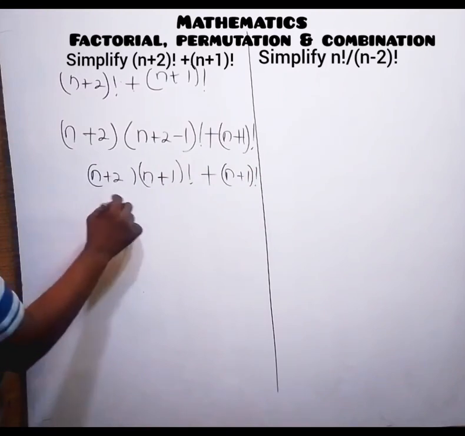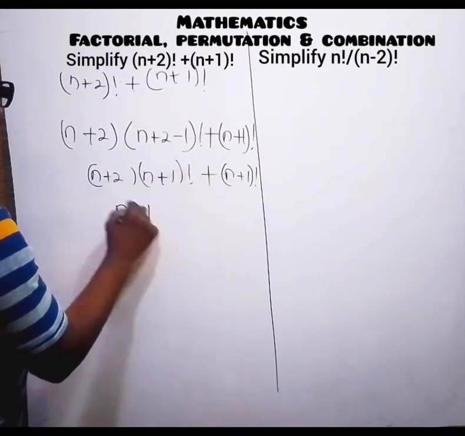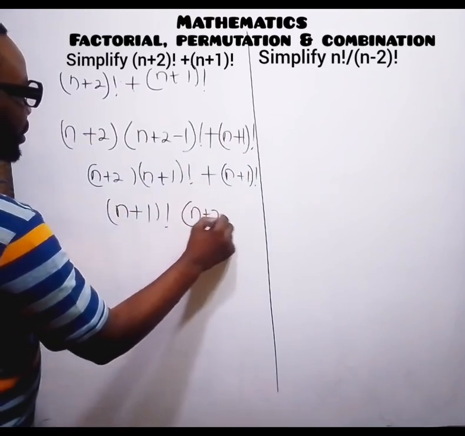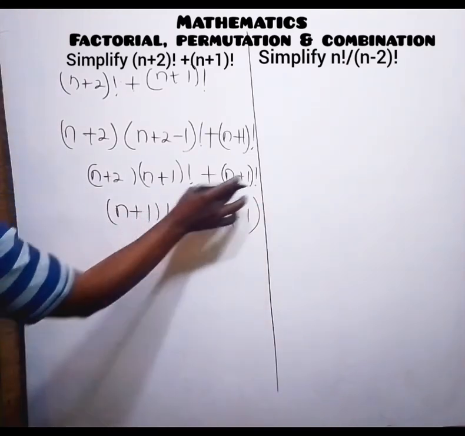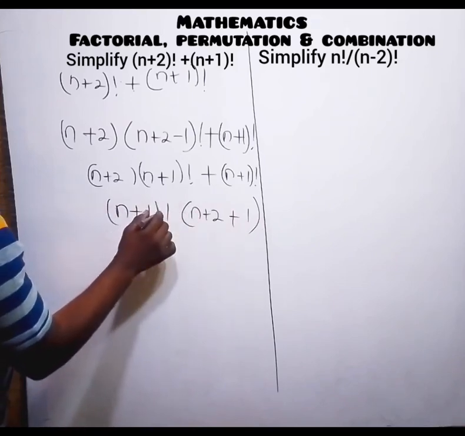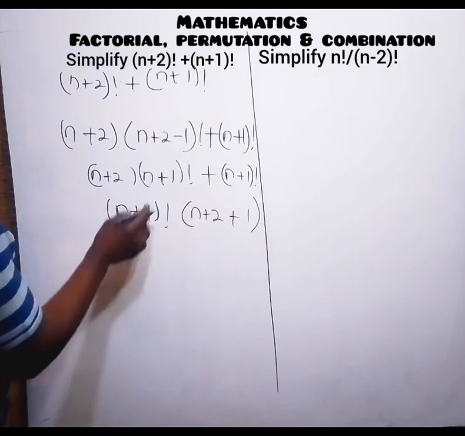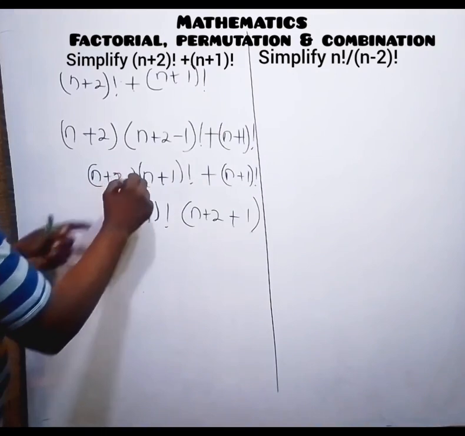In other words, what is the common value here? That's n plus 1 factorial into n plus 2 plus 1. So the expression here is becoming 1 here. If you use this value here, n plus 1 factorial, to multiply the expression here, you are going to get this set of expression back.